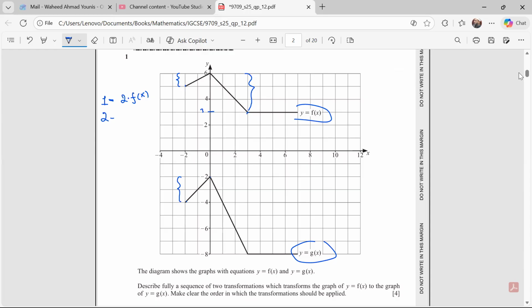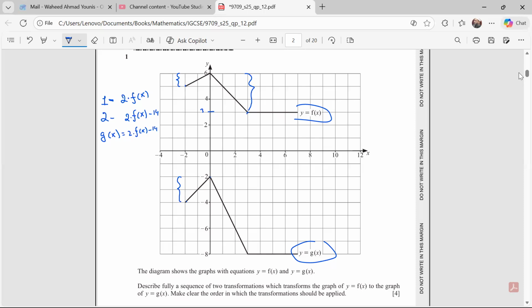When we subtract 14, then the 6 will become -8. So the second transformation is that I will do 2 times f(x) minus 14, and this will become g(x). So this g(x) is basically 2 times f(x) minus 14. Okay, so this is one way to do it.